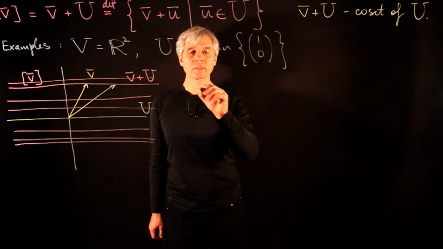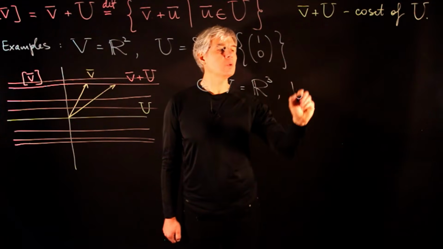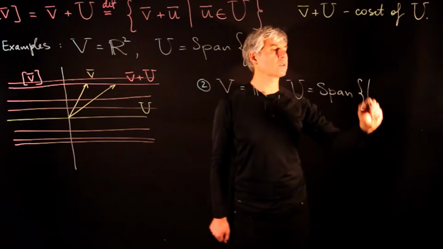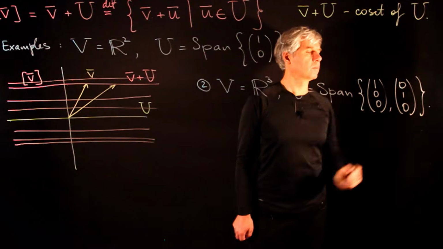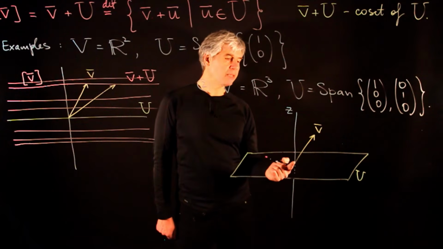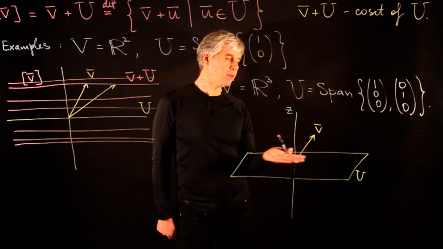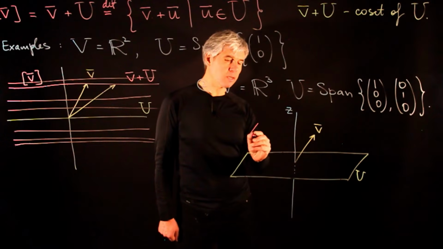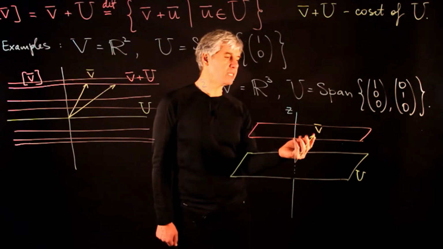For the second example, let's take V to be R3 and U be the horizontal plane. That is the span of vectors (1, 0, 0) and (0, 1, 0). Here our subspace is the horizontal plane, and to construct an equivalence class of a vector, we take this fixed vector v and add to it various vectors that belong to this horizontal plane U. The resulting equivalence class will be a plane which is parallel to U and passes through the vector v.